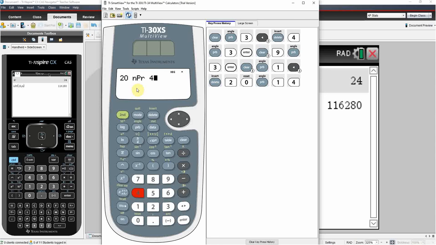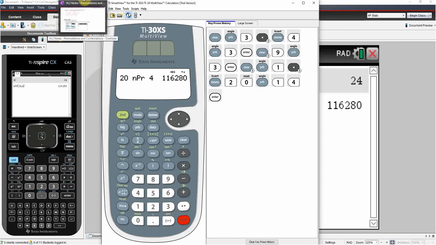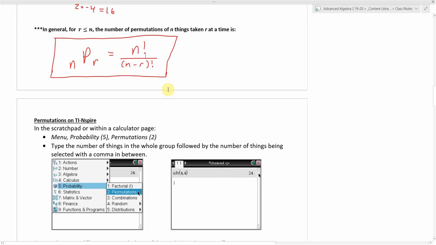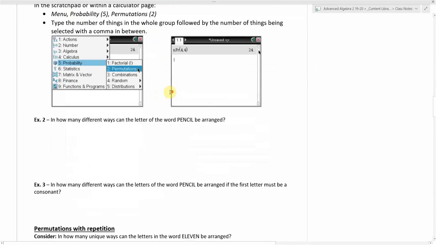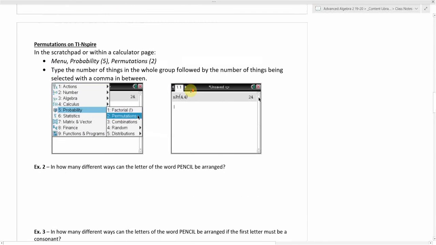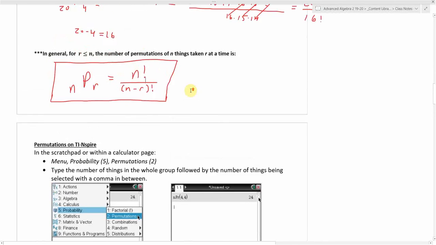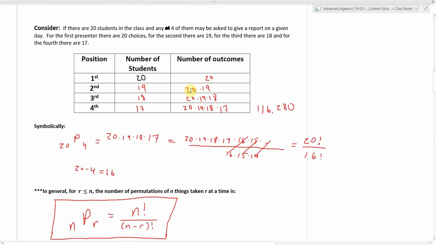You might need to do the number first, then enter the command. But 20 nPr 4 is going to give us the 116,280. So make sure you know how to use your calculator to compute permutations. You don't have to do it by hand, but you do need to know how your calculator does it. And in the next video, we'll look at a couple more examples and see how permutations work.